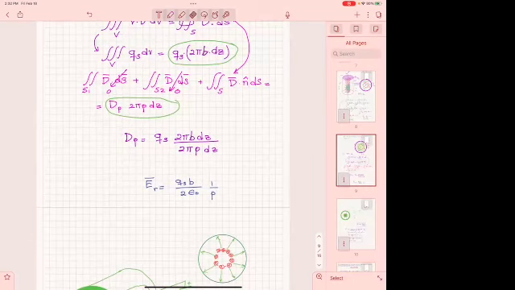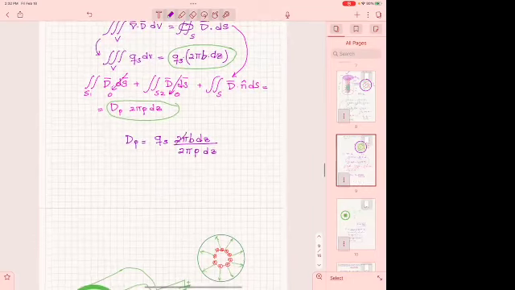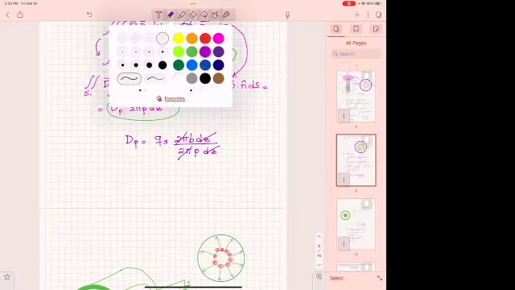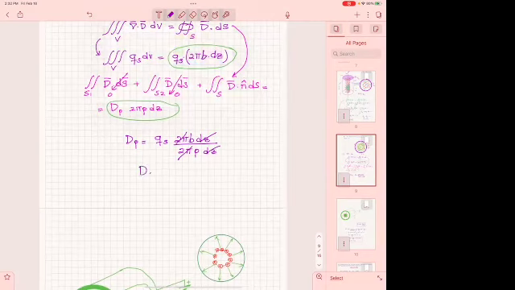Okay, so here, and therefore D sub rho becomes equal to Q sub S over rho times B, which means that E sub rho is going to be Q sub S times B divided by epsilon naught rho.